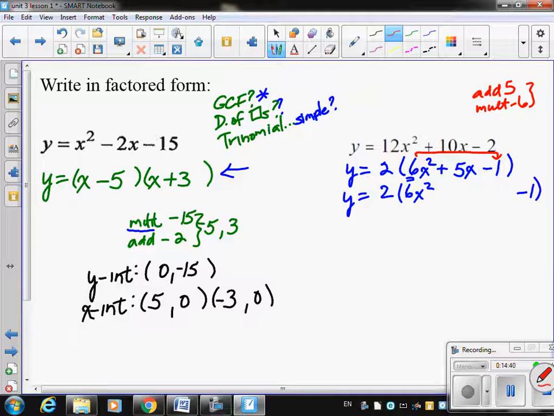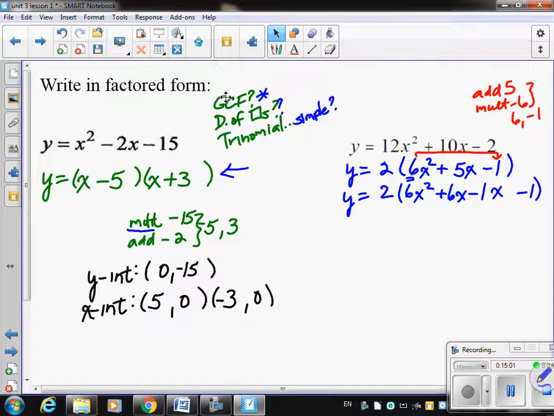So one of my numbers is positive, one of my numbers is negative. So my choice will be 6 and negative 1. The temptation is 2 and 3, but there's opposite signs going on here. I'm going to have to stick to 6x, negative 1x. I've decomposed the problem.